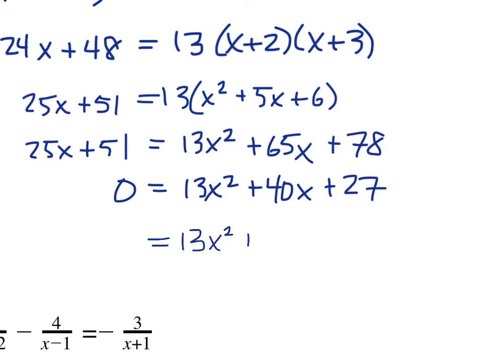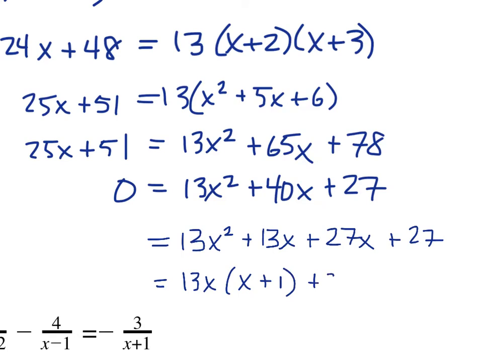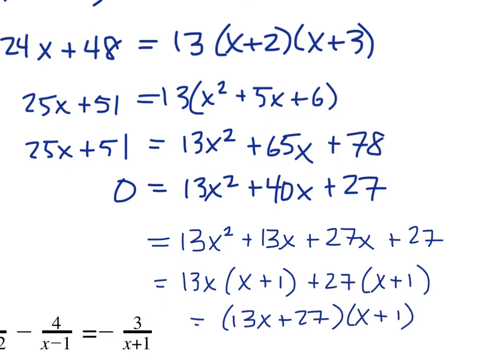So it's going to be 13x plus 27x plus 27. And then we can factor this, 13x times x plus 1 plus 27 times x plus 1. There we go, and factoring that one more time, 13x plus 27, x plus 1.